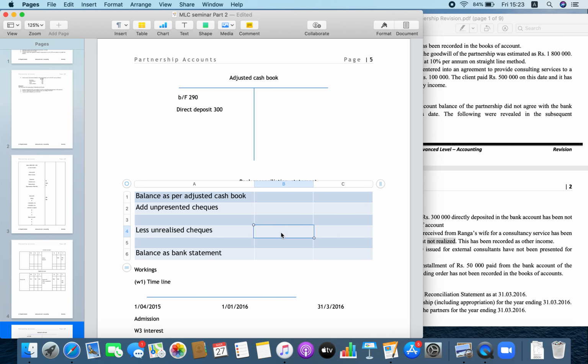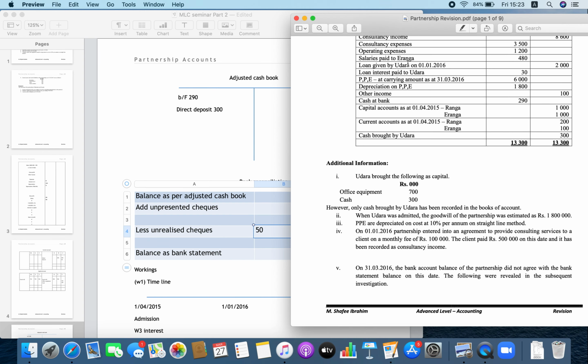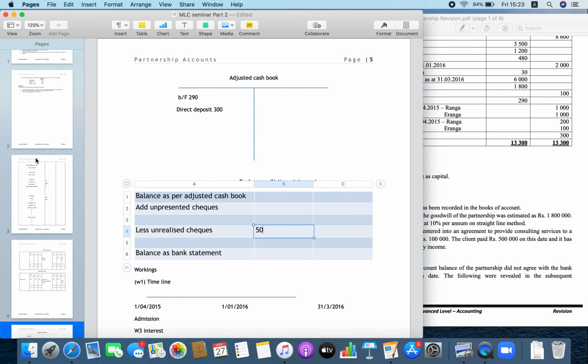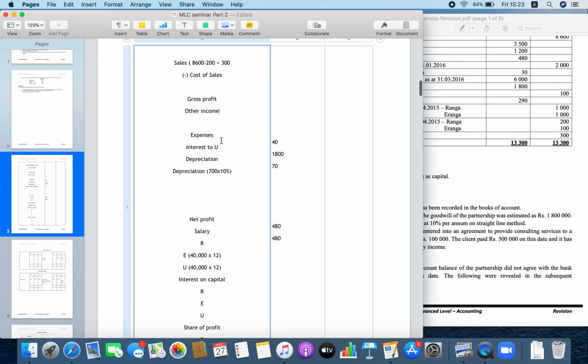Since we are doing it without the three zeros, I'll mark it over here 50. But the accountant has made a mistake. He has gone and marked this as other income. Now when you go to your tut over here, other income is already 100. So first we'll go and copy this under other income.